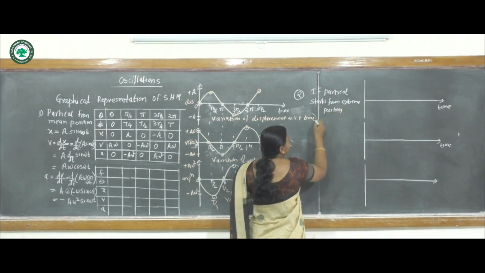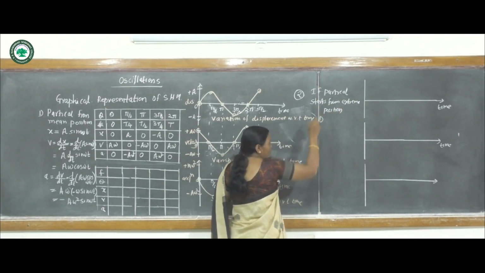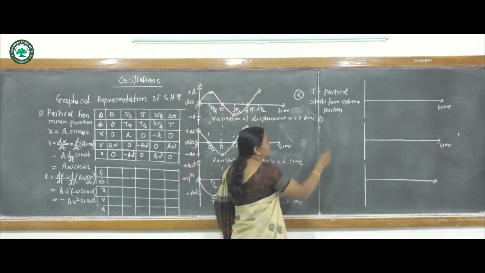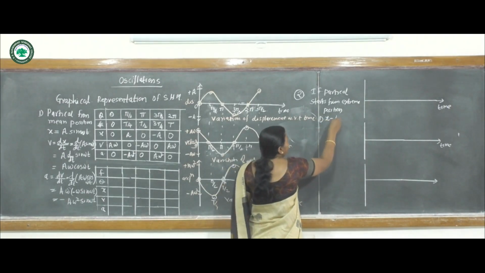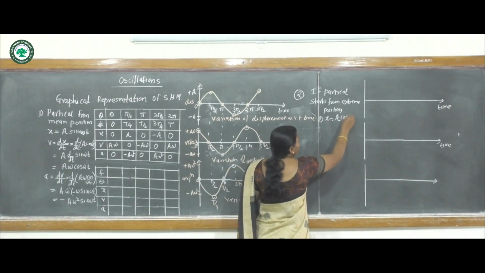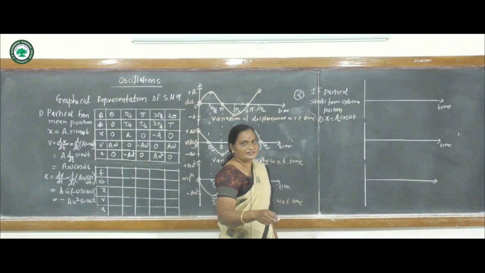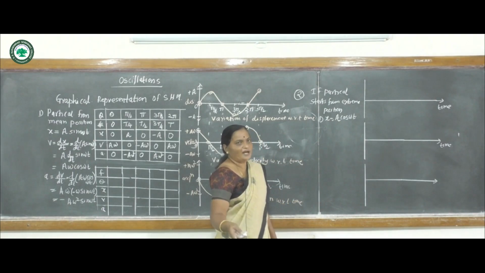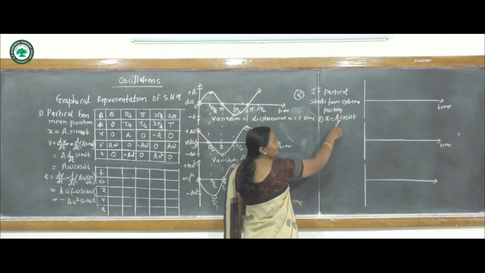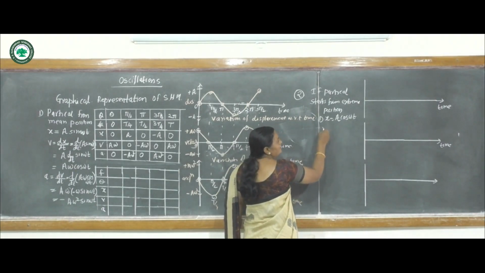First we consider the displacement. The displacement is x equal to a cos omega t, that is, x equal to a sin of omega t plus pi by 2, which becomes a cos omega t. Now what is the velocity?